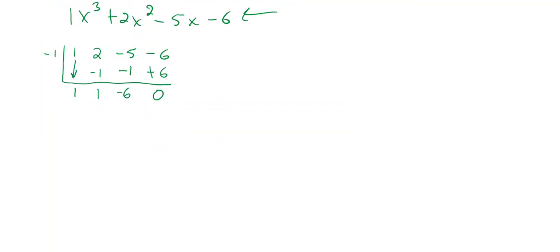Okay, so what do these numbers mean? Well, these are now the leading coefficients, but we no longer have an x cubed term. It's going to be an x squared term for our leading term. So this would now be 1x squared plus 1x minus 6. And we don't really need the 1s there, do we?